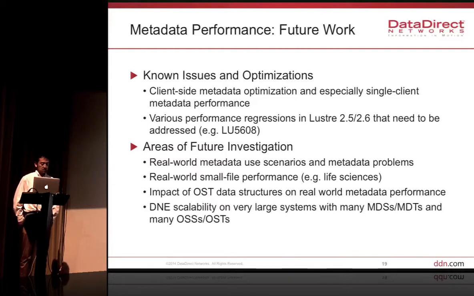At this moment, we didn't see much performance impact from the OST data structure. However, the number of OSTs may have an impact, so we need to test a larger system.